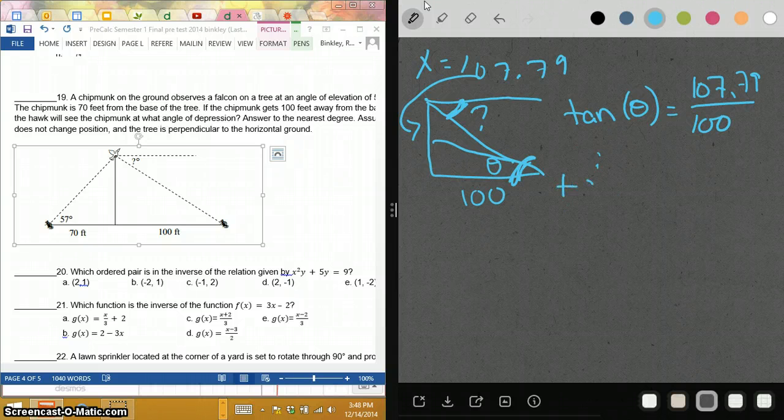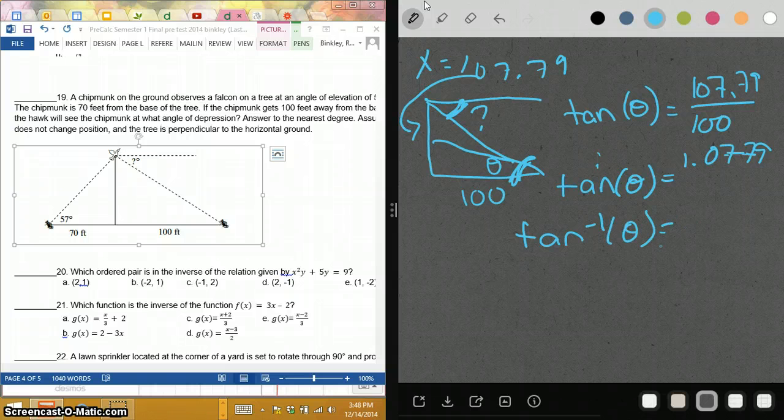So my tangent of theta is 1.0779, right? But that's just the tangent, that's not the actual angle. I have to put into the calculator, remember this, the arc tangent, in order to get my answer. Except instead of putting theta there, I'm going to put in 1.0779.